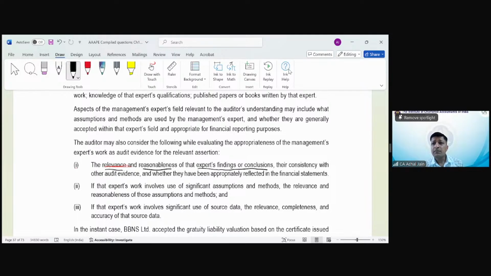Correct? If the expert's work involves use of significant assumptions and methods, which will generally be there, the auditor needs to evaluate those assumptions as well. If that expert's work involves significant use of source data, the relevance, completeness, and accuracy of that source data is also required to be evaluated.